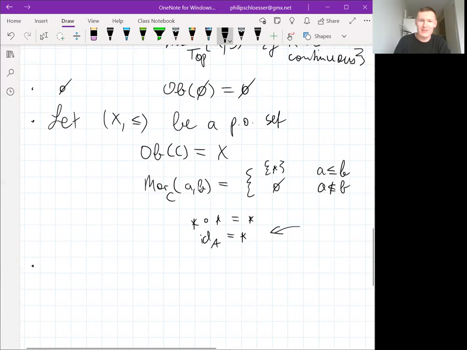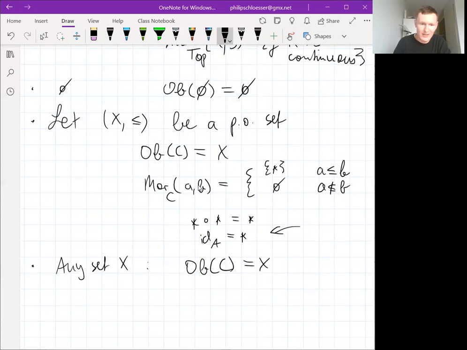And well, the last one, not really even the last one. If we just take any set X, then we can make X into a category, namely by saying that the category has as objects the elements of X, and as the morphisms between two elements just the set containing anything if A is equal to B, or the empty set otherwise.